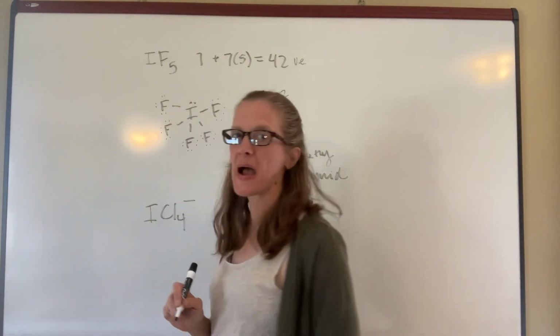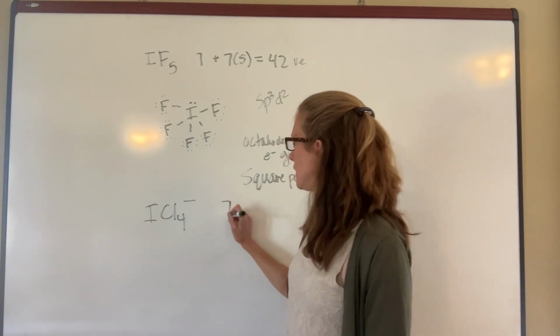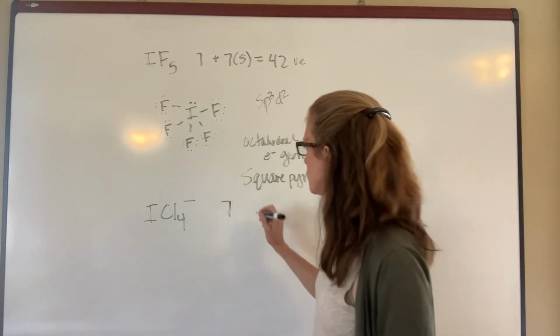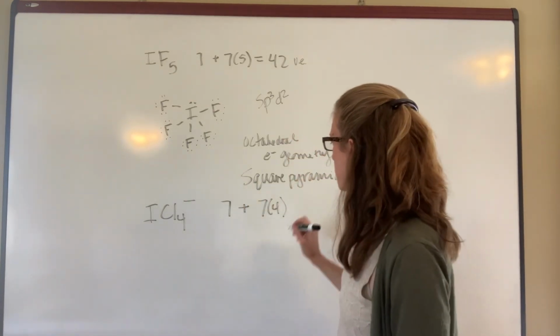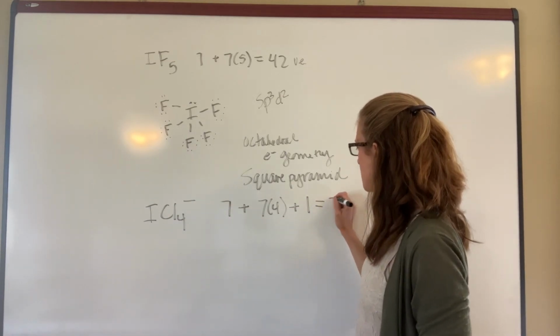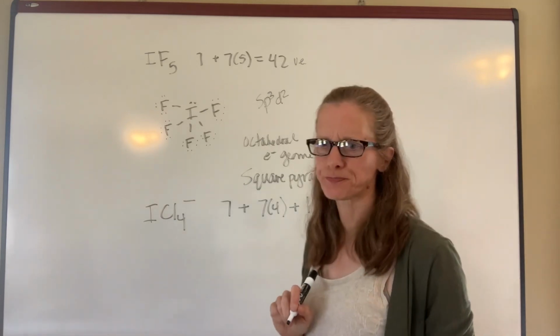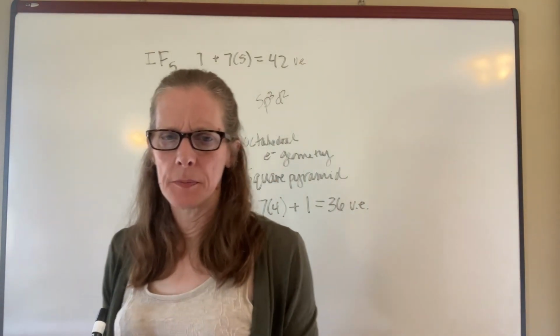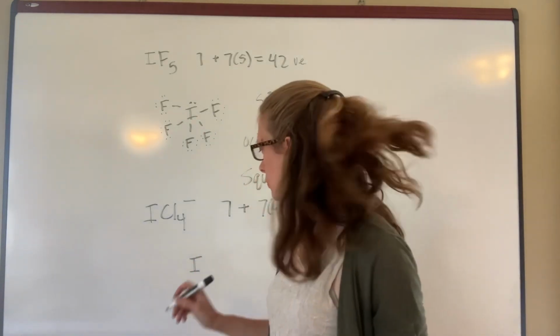ICl4 minus, okay? So iodine has 7 valence electrons. Each chlorine has 7. There are 4 of them, plus 1 more. And so that's going to give me 36 valence electrons. Okay. Again, iodine's going to be central. We'll do this quickly here.